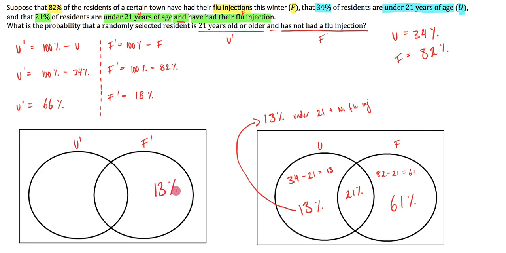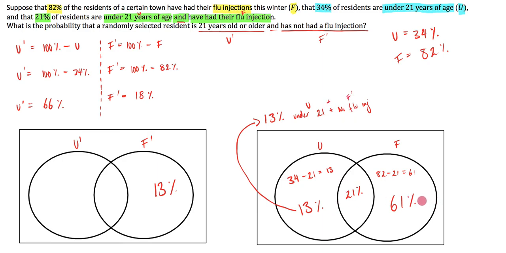The reason why the 13% exists here is because they haven't had the flu injection, which is this F dash, and also that they're under 21. So it's not in this region here, because this U dash is over 21. So this is U plus F dash.